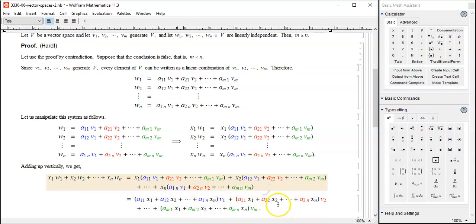From here to there is nothing more than some algebraic manipulation using the distributivity, commutativity, and associativity of addition and multiplication of real number arithmetic.